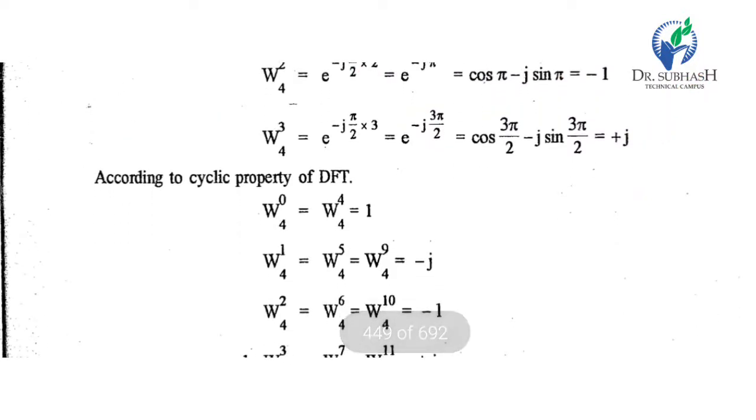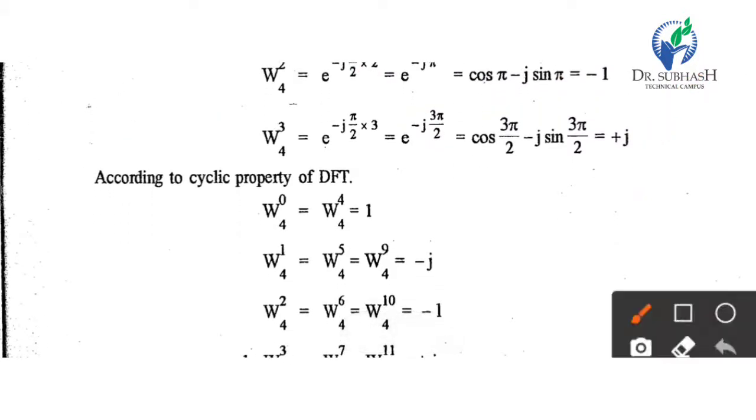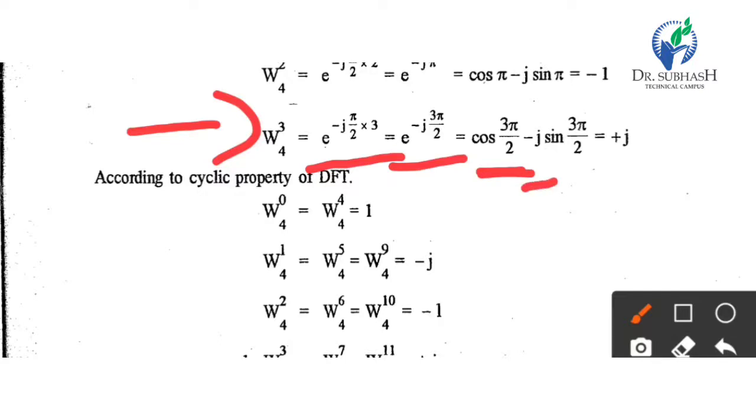Now the next value, W4 raised to 3. So it is e raised to minus j 3 pi by 2, so it is cos 3 pi by 2 minus j sin 3 pi by 2. Cos of any odd multiple of pi by 2 is 0, and sin 3 pi by 2 is minus 1. So minus minus will be plus, so its value is plus j.